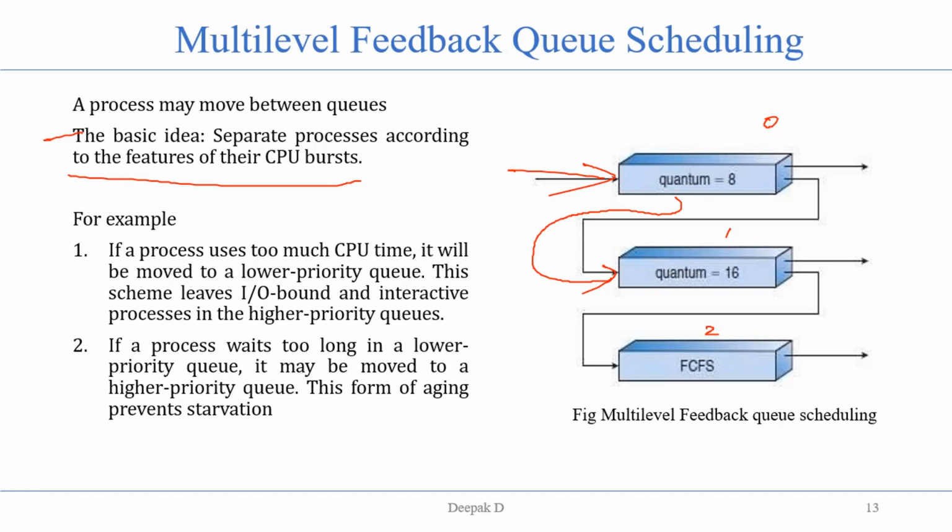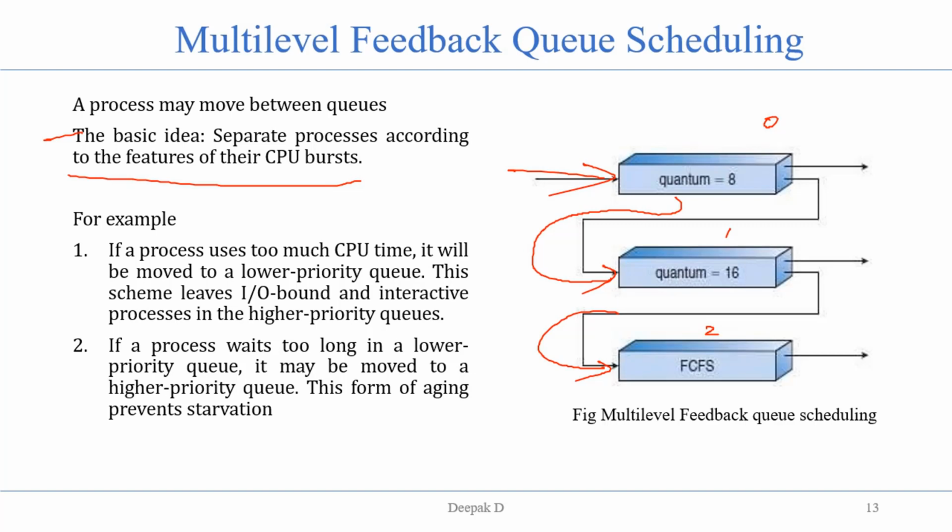Again, if that process does not complete, it is preempted and put into the tail of Q2. The processes in Q2 are served on a first come first serve basis, but they will execute only when Q0 and Q1 are empty. So this is how multi-level feedback queue scheduling works.